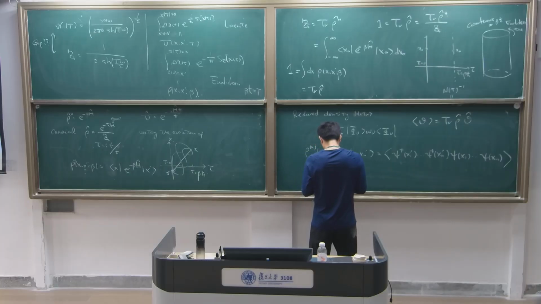So this means that the difference is given by W mu. This is just a normalization factor.